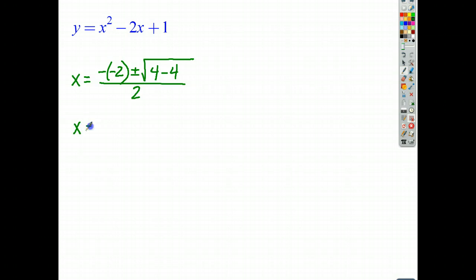So x is going to be 2 plus or minus the square root of 4 minus 4. 4 minus 4 is 0, so plus or minus the square root of 0 over 2. The square root of 0 is 0, so we're going to have 2 divided by 2, so x is 1.